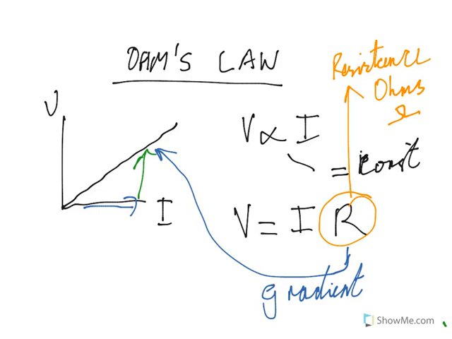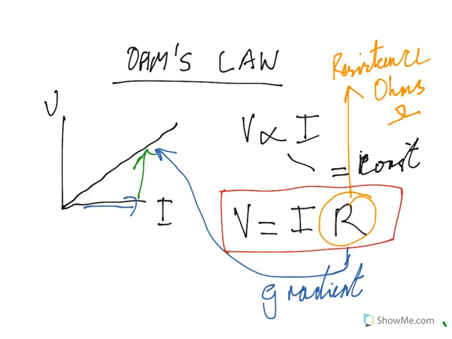Alright, so what is Ohm's law? Ohm's law is this thing here, V equals IR. And as we would know, this R, because it's related to the gradient, is the resistance. The bigger the resistance, the steeper that line would be.